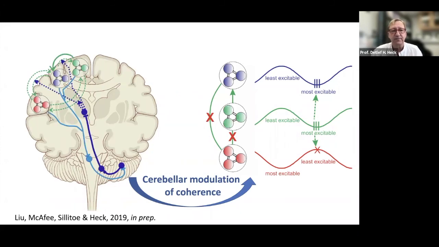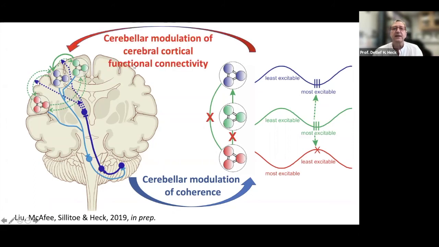So now the projections from the cerebellum to the cerebral cortex get a new meaning: they're not there to influence activity in individual structures, but to influence the communication strengths by modulating coherence between two structures. So the cerebellum becomes a coordinator of functional connectivity in a task-dependent manner.